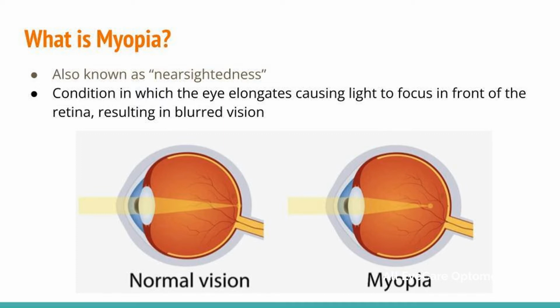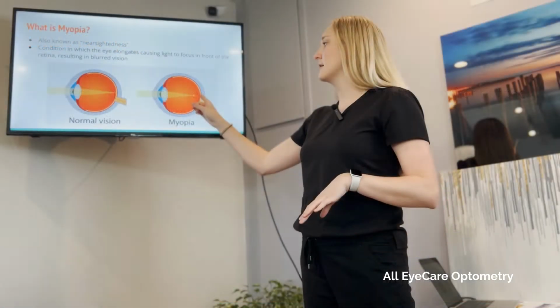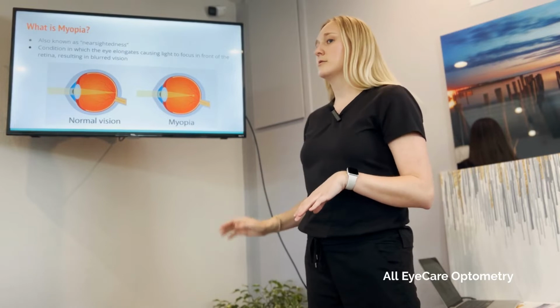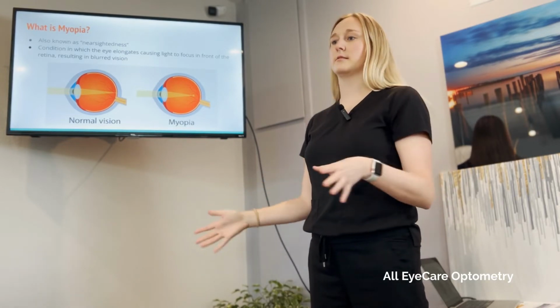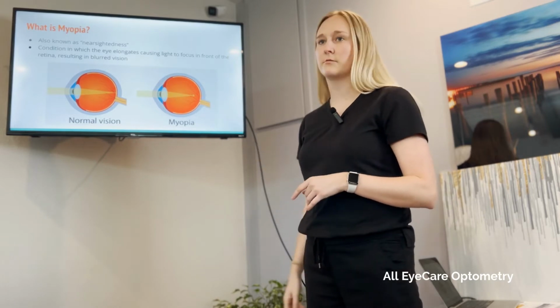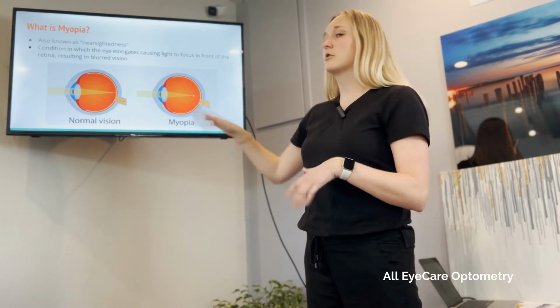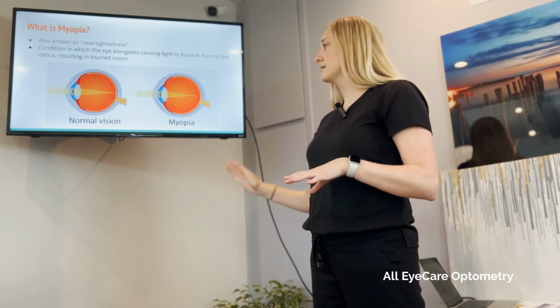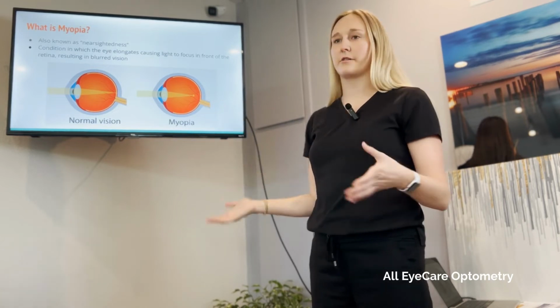In a patient that has nearsightedness, when light enters the eye, it's going to focus in front of the back of the eye. So we have to utilize glasses or something to refocus the light so that it focuses where we need it to. When their vision is uncorrected, so without glasses, contacts, etc., they have blurry vision.